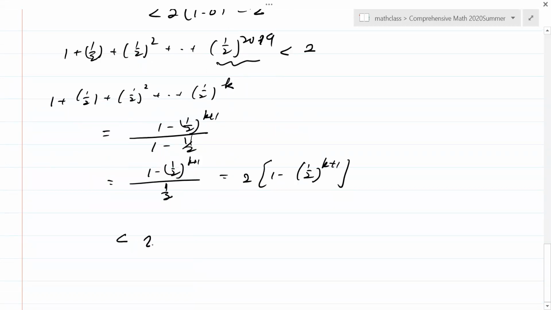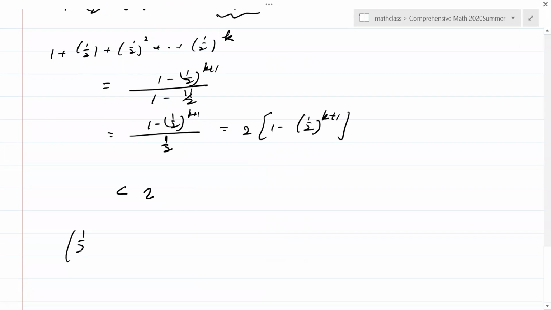But this number is always smaller than 2, right? No matter what happens, because it's 1 minus something. Is it getting close to 2? The answer is yes, okay? 1 over 2 to the k plus 1 is getting close to 0 as k approaches infinity. k is getting huge, 1 trillion, 1 billion.